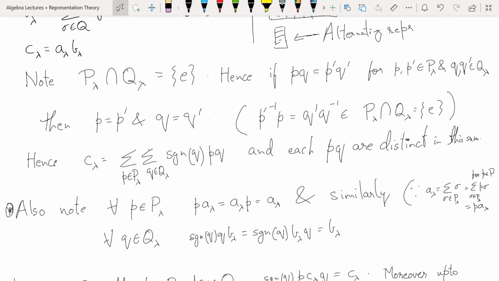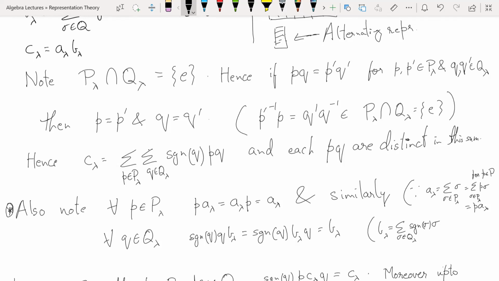Similarly, if you multiply q by b lambda, where q is some element of Q lambda, and suppose q is an even permutation, then again it permutes it. Remember, b lambda is not just a sum, but you have to multiply by the sign of sigma, for sigma in Q lambda.